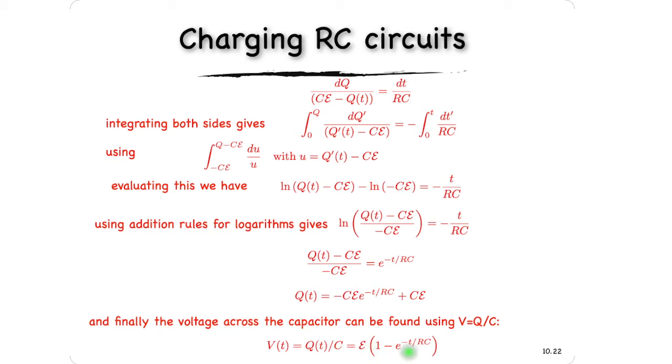Okay, and what we can see is that the voltage increases to a maximum value equal to the voltage that we put across the capacitor, the voltage source in this circuit. But it actually takes forever to get there. This just asymptotically approaches this final voltage. So we can ask, like, how fast does this capacitor charge up? But we can't ask how long does it take to be fully charged, because it's never fully charged. It just keeps getting closer and closer.